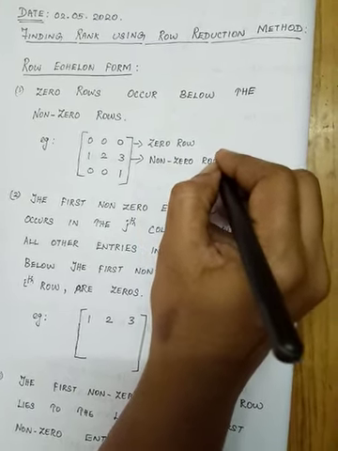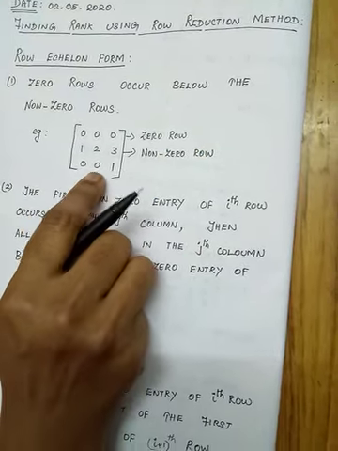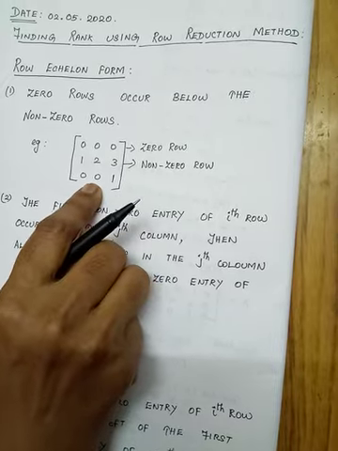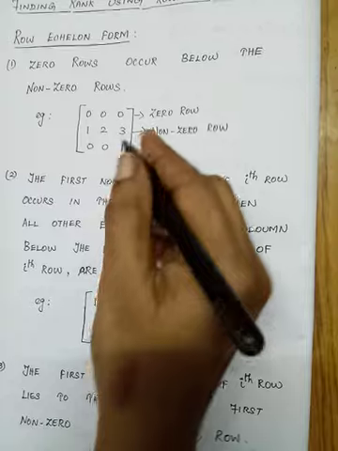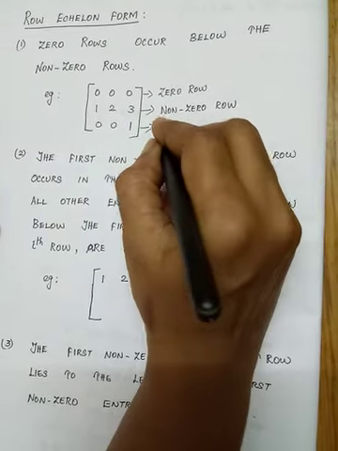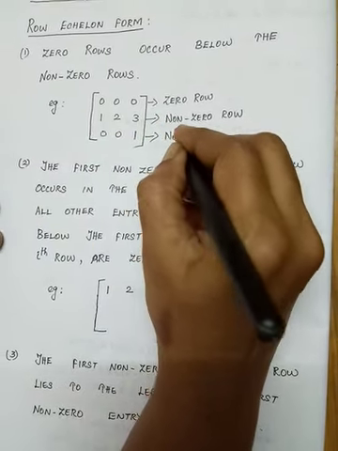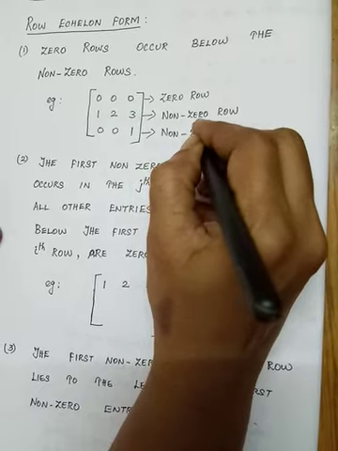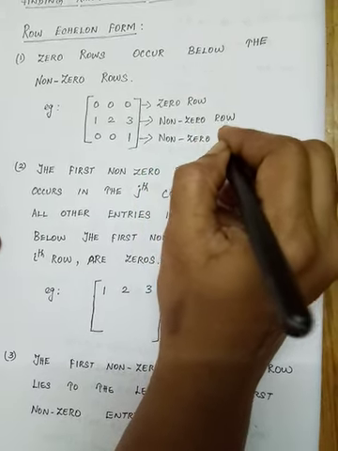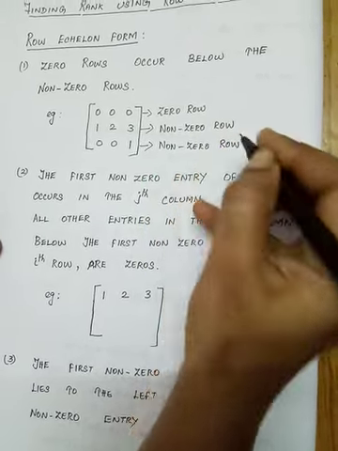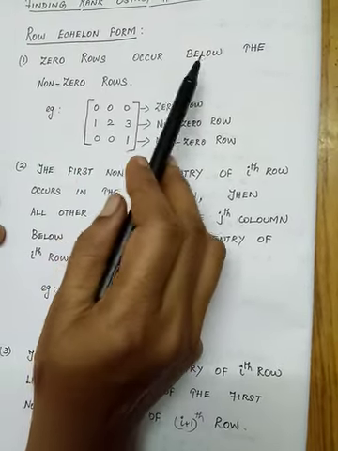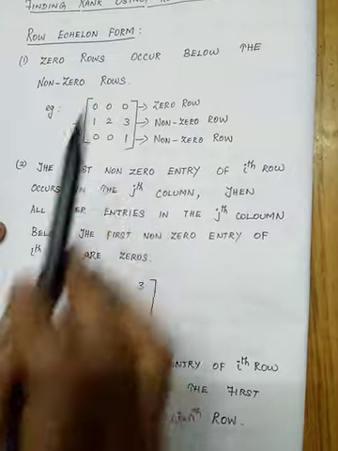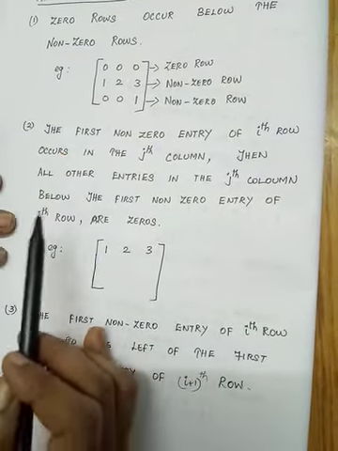Look at the third one, 0, 0, 1. Two entries are 0 and the third is a non-zero entry, so it is also considered a non-zero row. If a zero row comes in the echelon form, it should come below the non-zero rows. That is the first property.